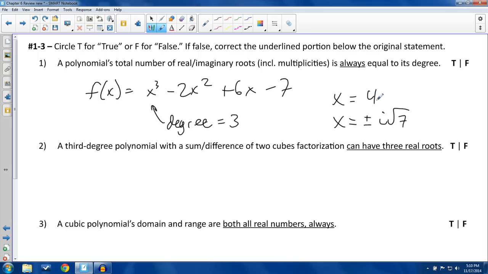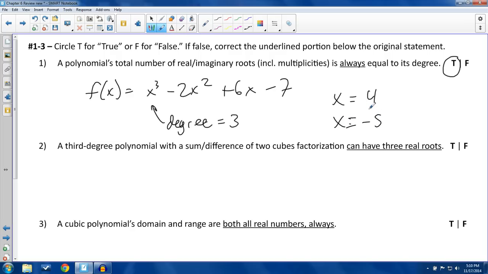Now count this. This is actually 1, 2, plus i root 7, and 3, minus i root 7. Now, these aren't real numbers, but the answer to this is yes. No matter what, you always have 3 solutions. Now, they don't have to be unique. For instance, these are conjugate pairs, and imaginary solutions always come in conjugate pairs. And also, let's say these were your answers: 4 and negative 5.